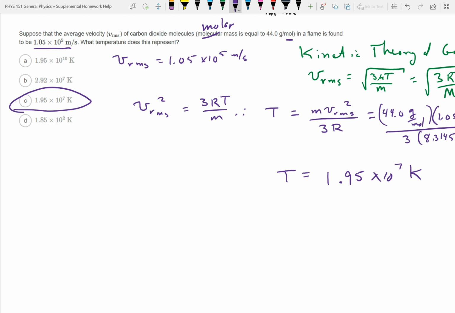Okay, and we have one more on the density. That's also from. Yes. It was 1.95 times 10 to the 7th, right? Yeah. Something is wrong. I got to the 8th, but I believe you.